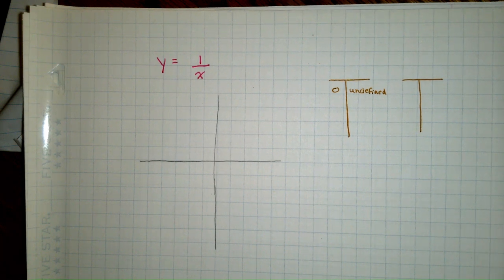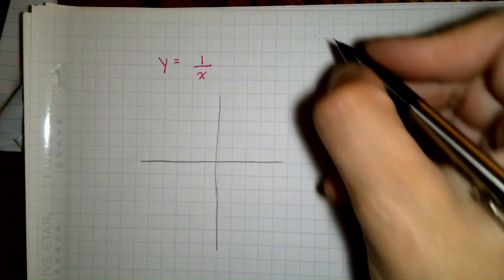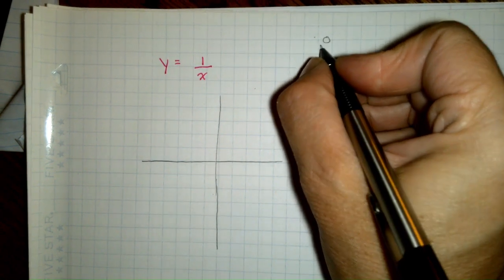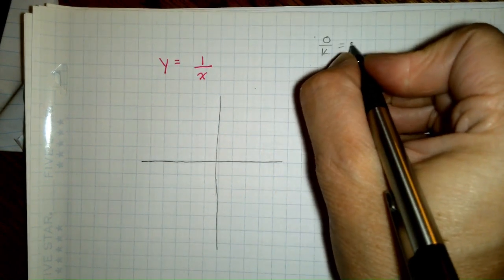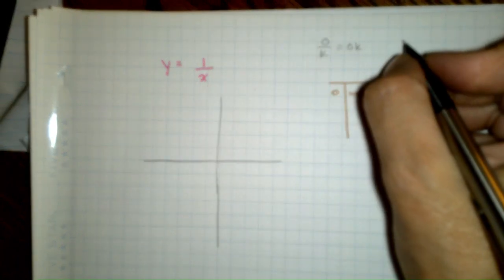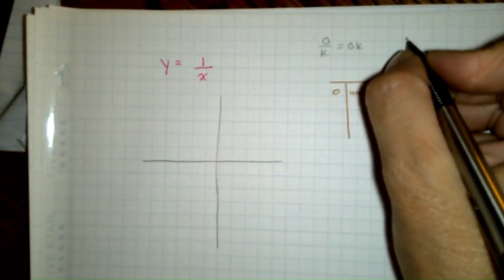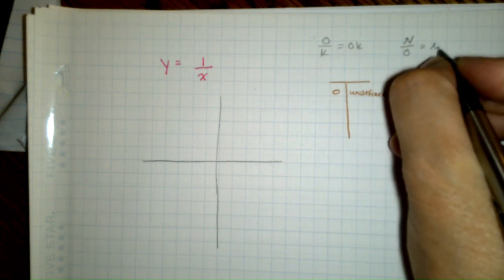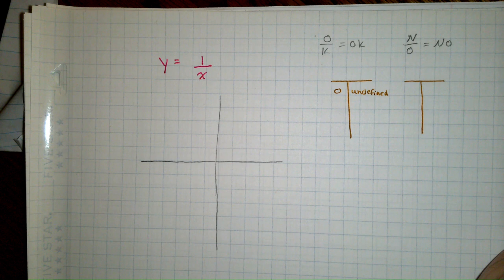Okay, I saw one of my friends put that 0 divided by k is okay, but a number divided by 0 is no, cannot do. So think about that.